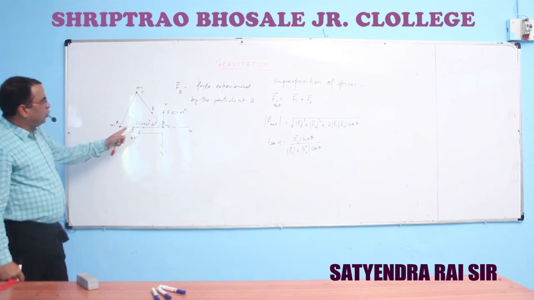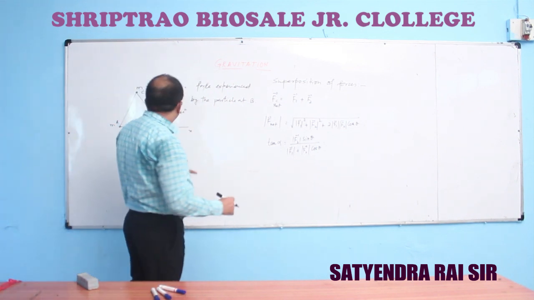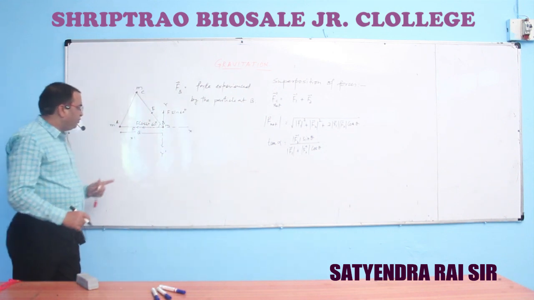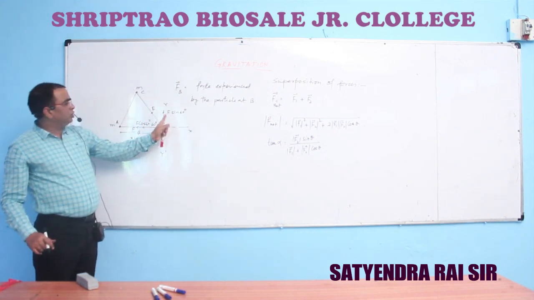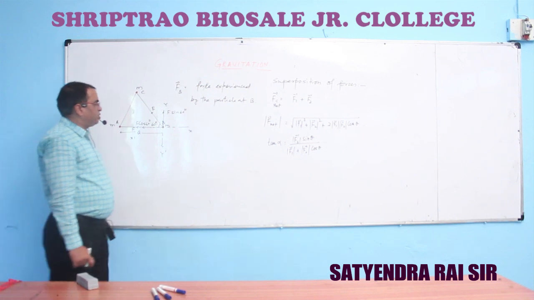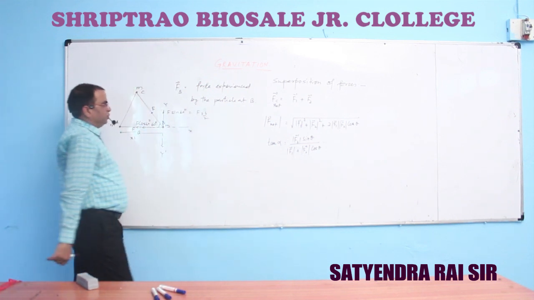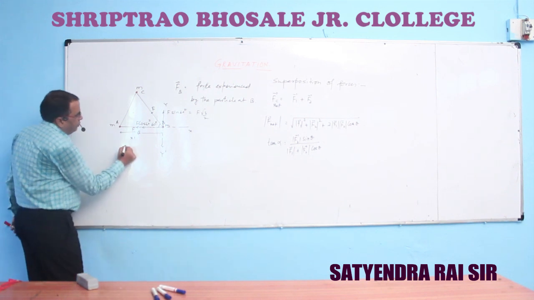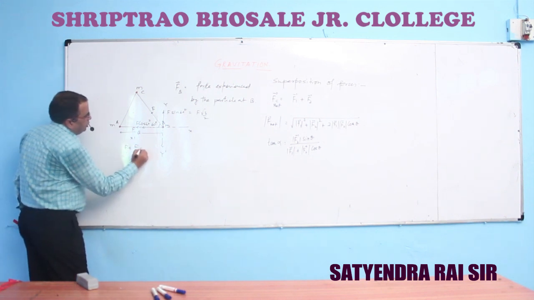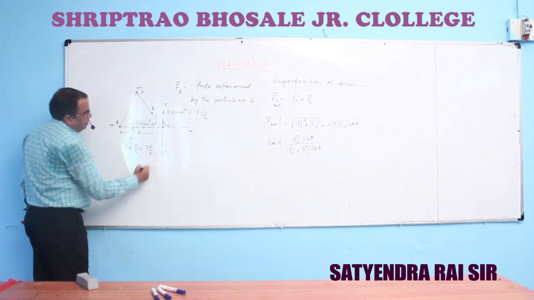The force applied by the particle A will also be in the same direction, that is F. So there are two forces acting along the negative x-axis, F cos 60 and F, and one force along the positive y-axis, which is F sin 60, or F root 3 by 2. Along x it will be F plus F by 2, that is 3F by 2.